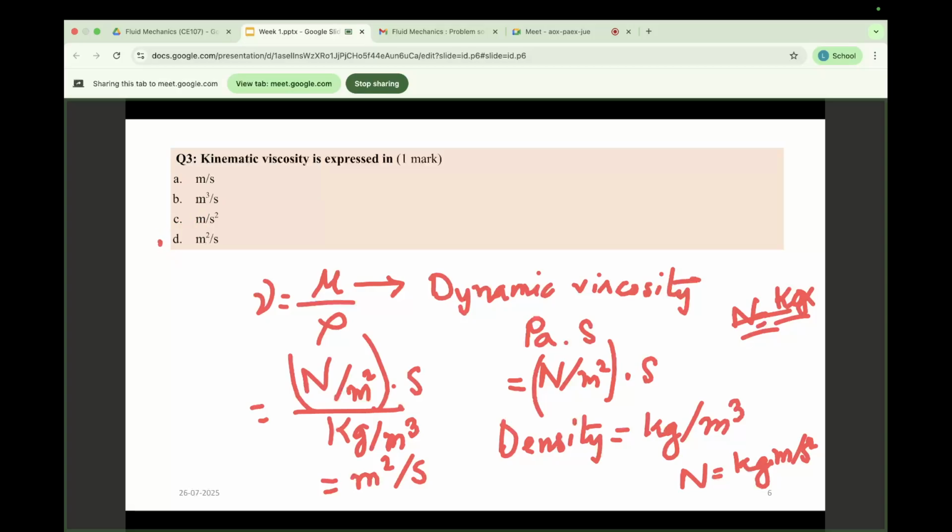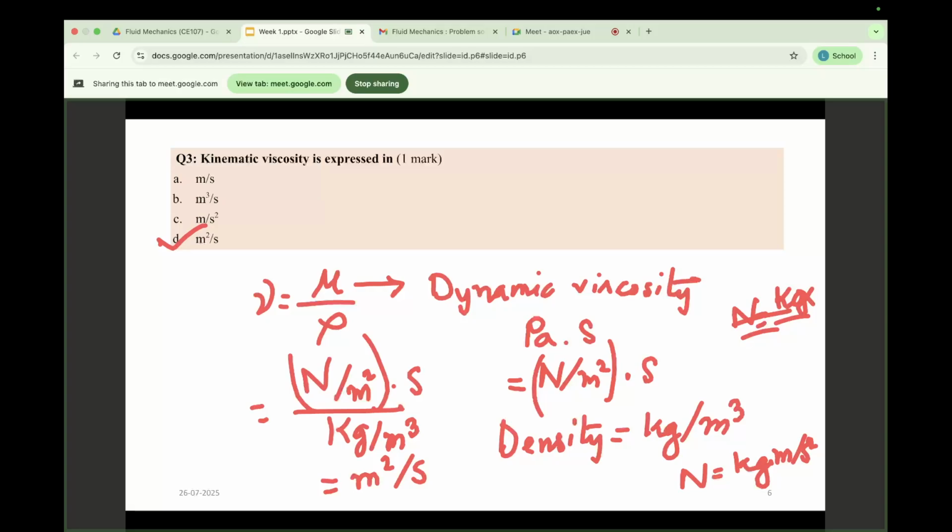So the correct answer is option D. Basically, what does kinematic viscosity indicate? It indicates how easily a fluid flows under gravity and also under internal forces, irrespective of external forces.